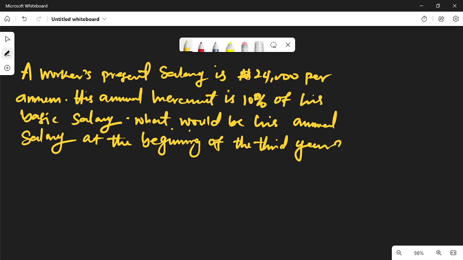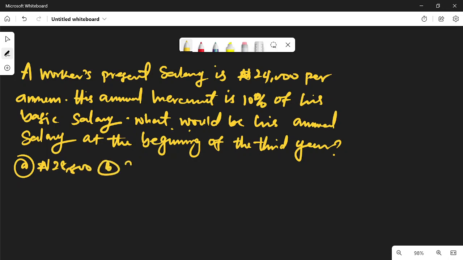Alright, so the question we have here states that a worker's present salary is 24,000 naira per annum. His annual increment is 10% of his basic salary. What will be his annual salary at the beginning of the third year? Option A, we have 28,800.